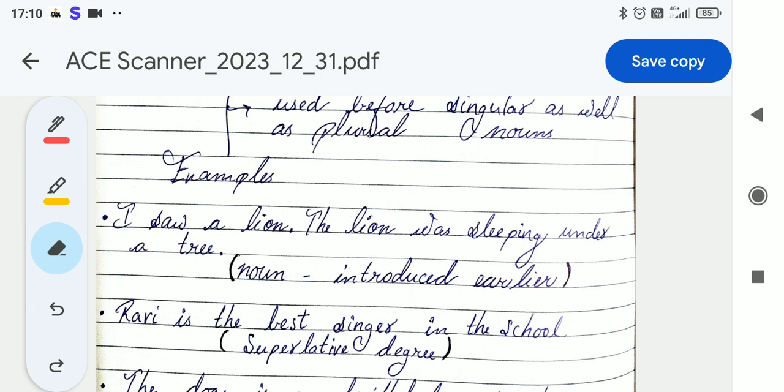Again, I saw a lion, full stop. The lion was sleeping under a tree. There is a noun, a lion, which we have already talked about in the first sentence. If we want to talk about the same noun, then we use the before that noun.